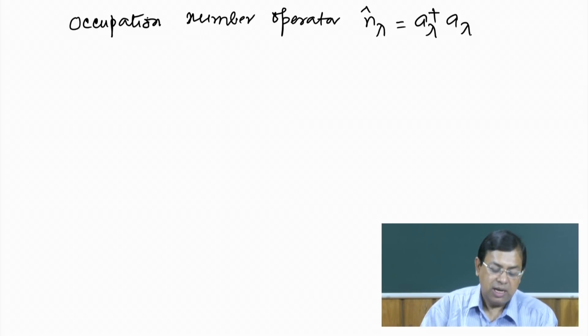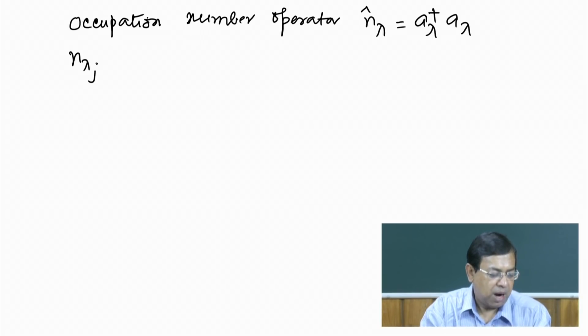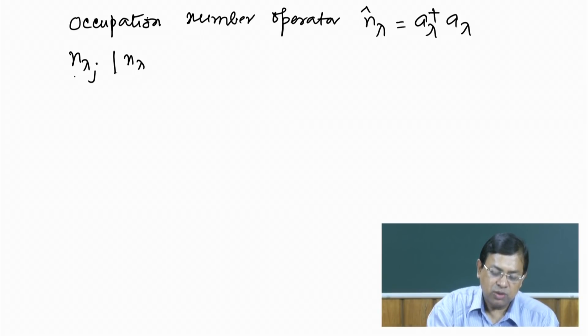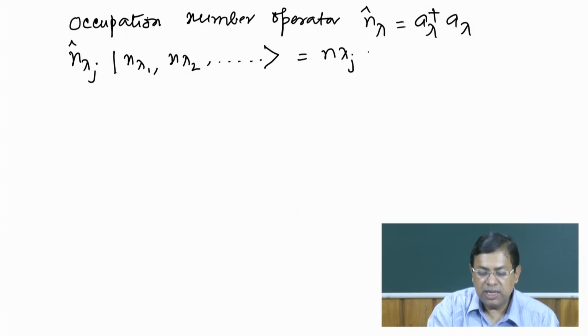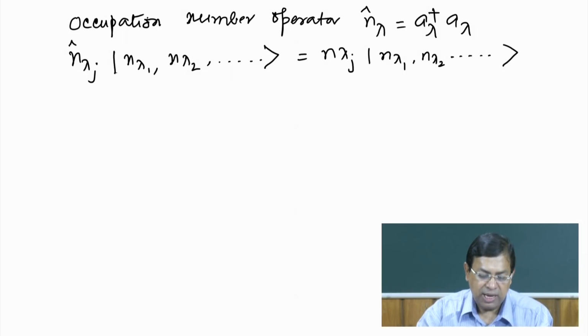This operator operates on a many particle state, say with n lambda j, and then returns me back the state n lambda 1, n lambda 2, etcetera. So, it basically counts the number of particles in the state lambda.